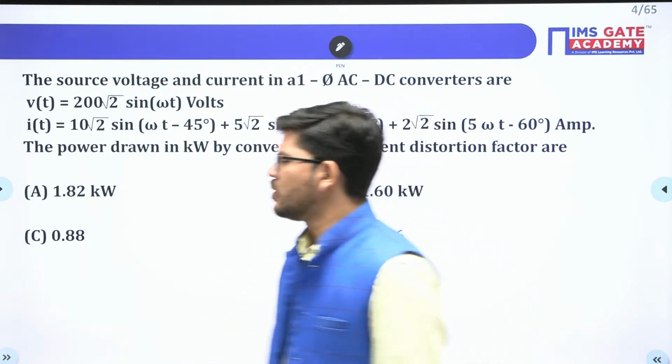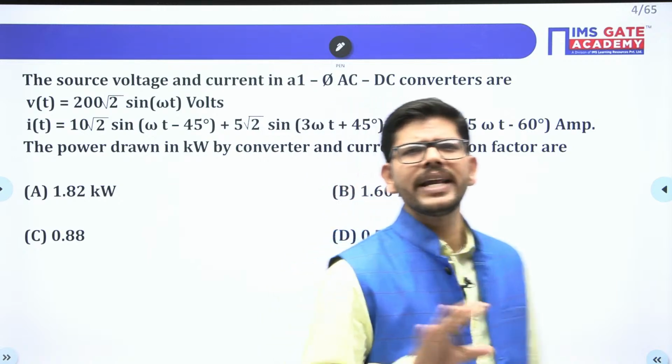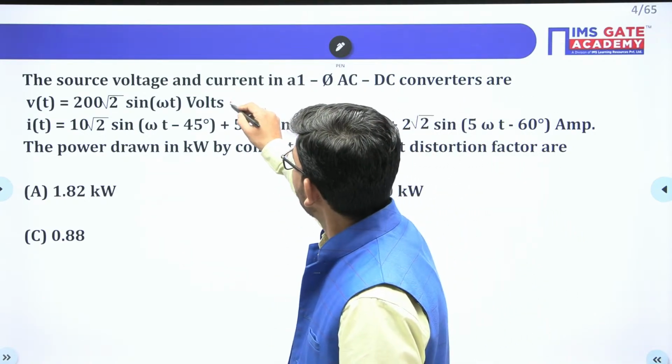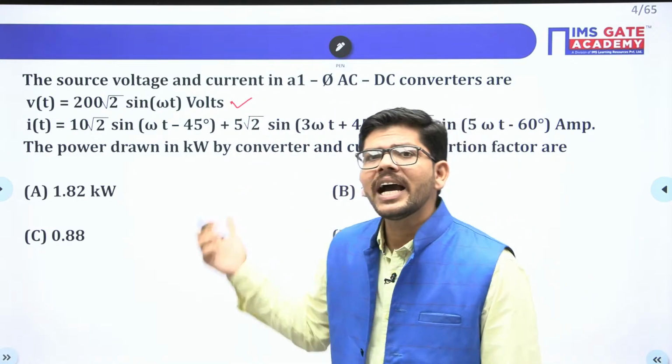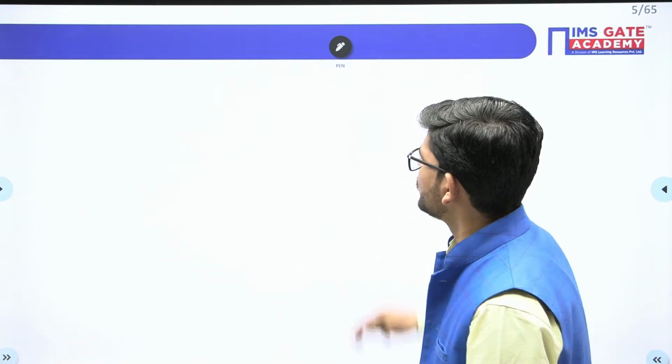Let us proceed and see how we can solve this problem very easily. As you can see, the voltage is sinusoidal, but the current has multiple sinusoids. So there are two possibilities.